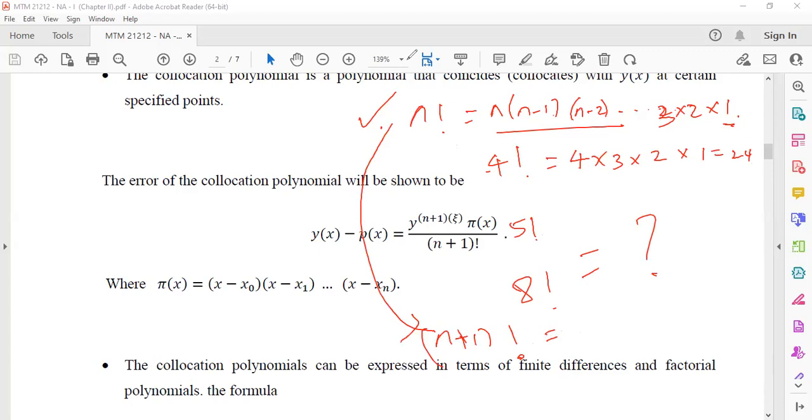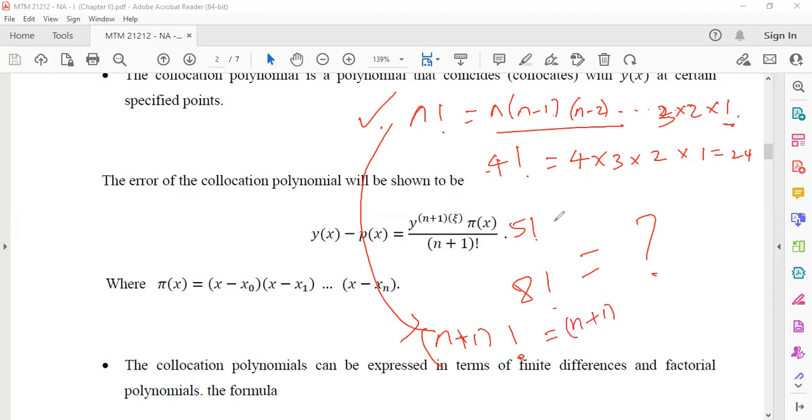Only thing is, you have to substitute n plus 1 wherever there is n.